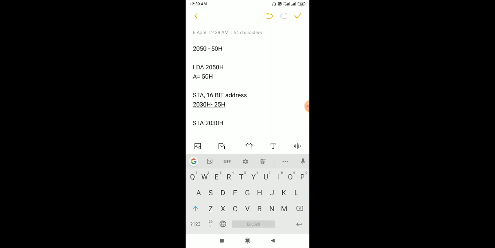The content of the accumulator is A equal to 50H. So after executing this instruction, 2030 will change to 50H. So it is the example of STA.